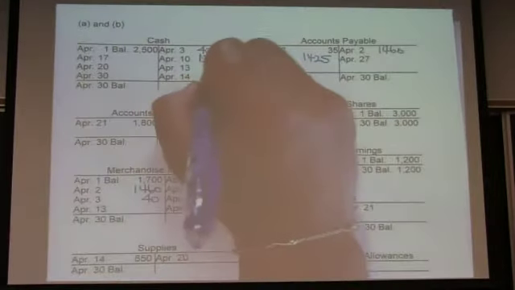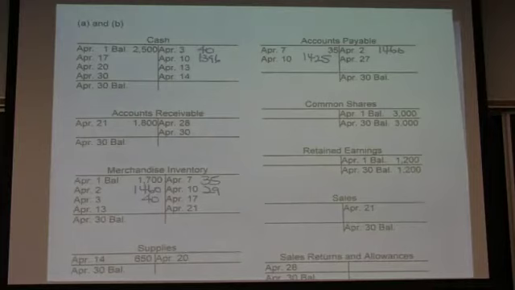Now, notice how in every T account there's a date and an amount, and that's just a reference. It's important to have the date and the reference, because if you're having problems balancing your T accounts, it allows you to quickly reference where the error could be.